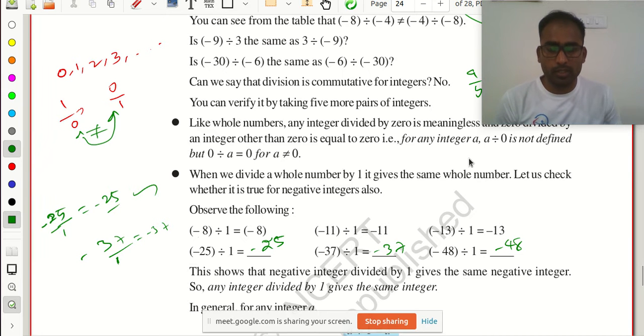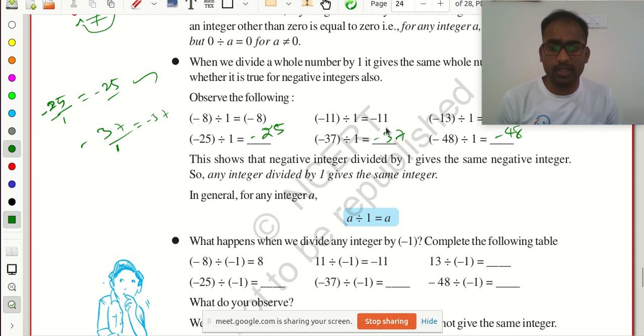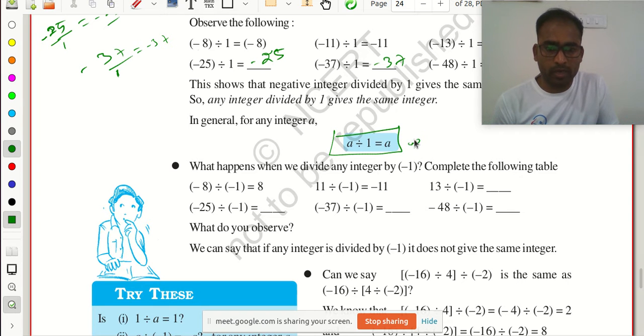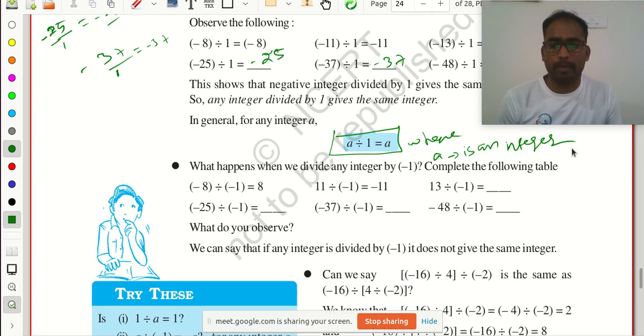This shows that when we divide any negative integer, or any integer, by 1, we will get the same integer. In the generalized case, a divided by 1 is equal to a, where a is an integer. If you divide any integer by 1, you will get the same integer.